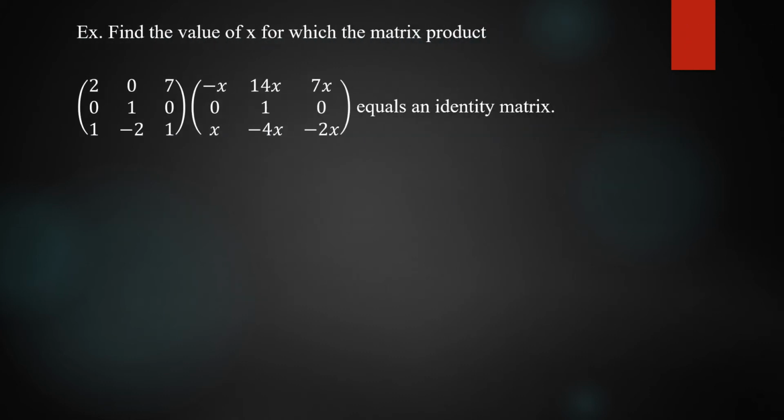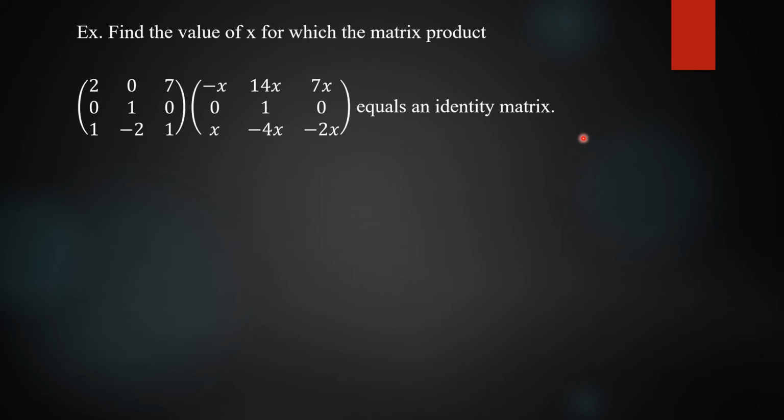Find the value of x for which the product of this one and this one is equal to the identity matrix. Identity matrix means 1 0 0, 0 1 0, 0 0 1 if it is a 3 by 3 matrix. An identity matrix may be of order 2 by 2, that is 1 0 0 1, and 3 by 3 is 1 0 0 0 1 0 0 0 1, like this.